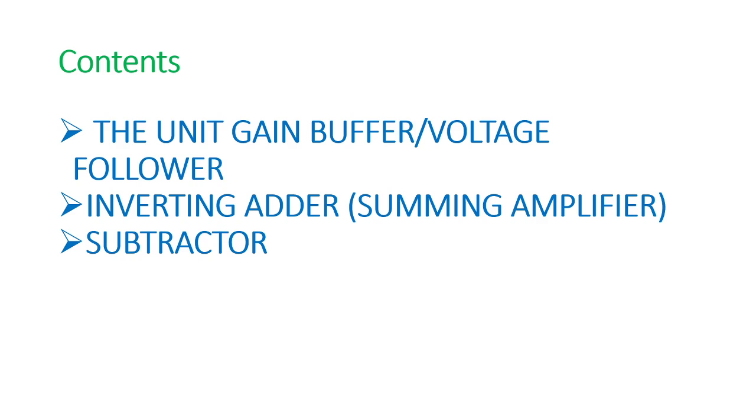Next characteristic is that the common mode rejection ratio is infinite. The CMRR is the ratio of the voltage gain for differential input to the voltage gain for the common mode input. The output resistance RO of an op-amp is 0.